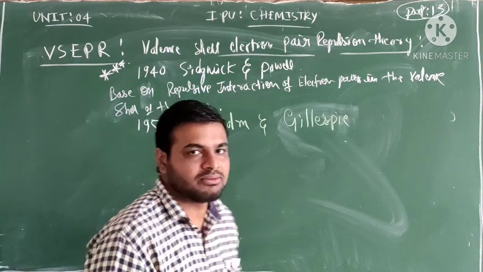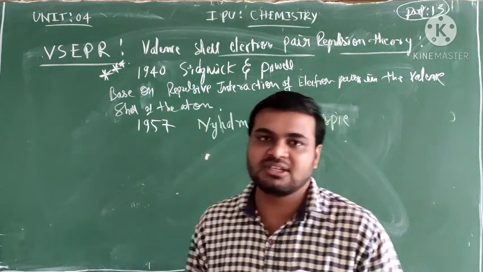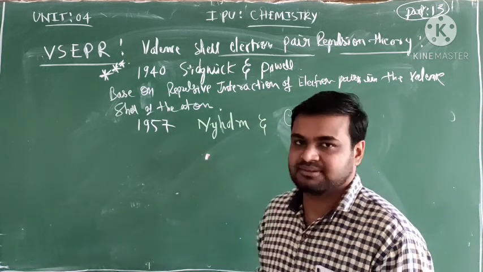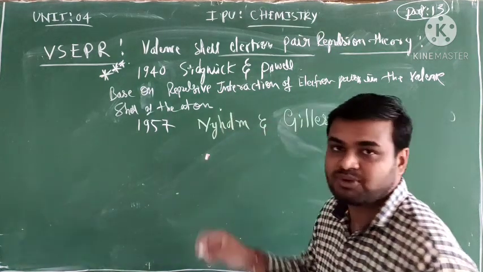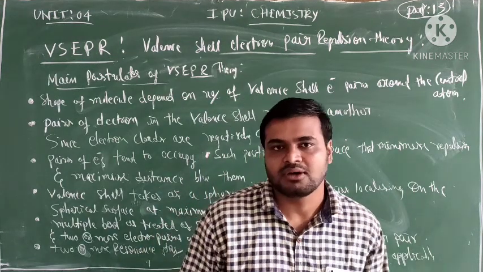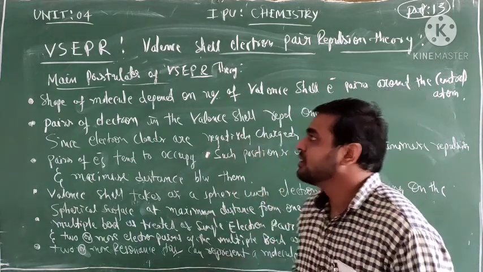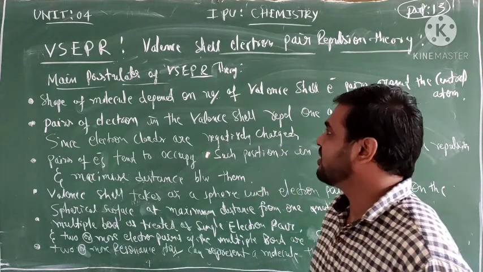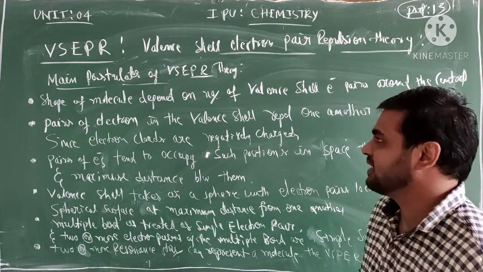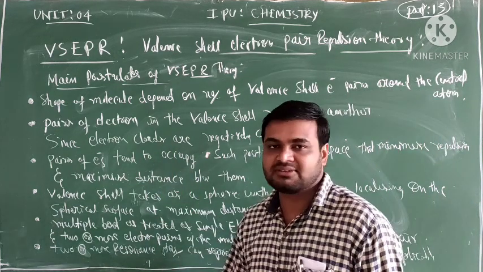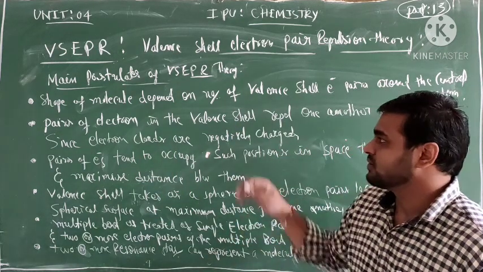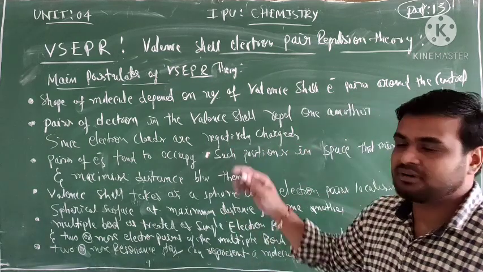Okay, so we'll see some postulates of the VSEPR theory. Let me discuss them one by one. Students, this is the main set of postulates of VSEPR theory. This is very important for examinations.